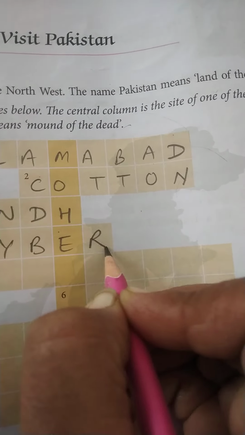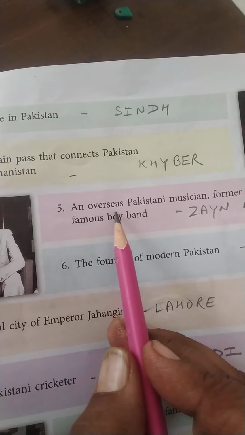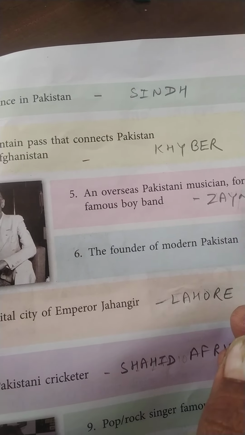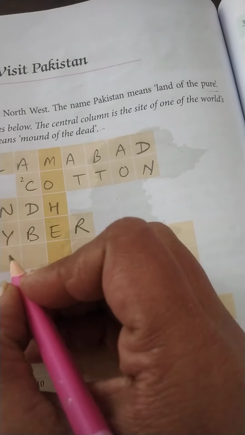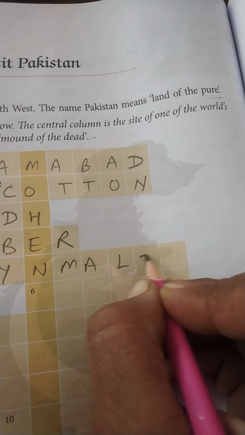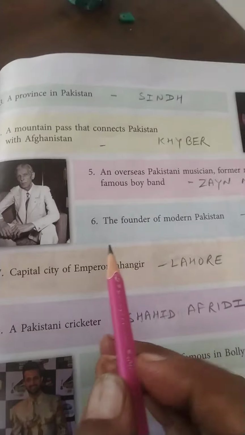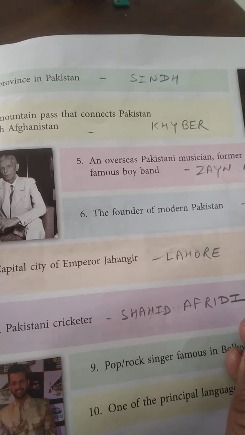K-H-Y-B-E-R, Khyber. Fifth, an overseas Pakistani musician, former member of a famous boy band, that is Zayn Malik. Z-A-Y-N, Zayn, M-A-L-I-K, Malik. Zayn Malik. Sixth one is the founder of modern Pakistan, Jinnah.